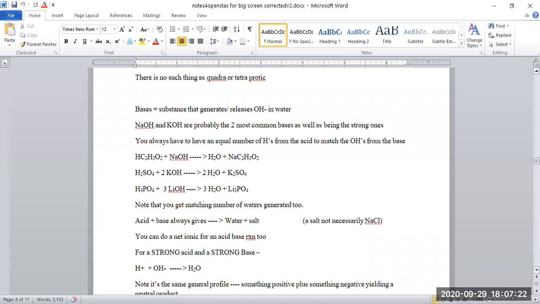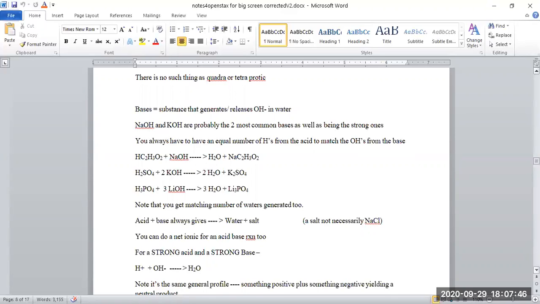But I've got three LiOHs. I get three water molecules. And again, I've still got a salt molecule. This one is all of the lithiums that were left over stick to the phosphate that was left over from the acid.